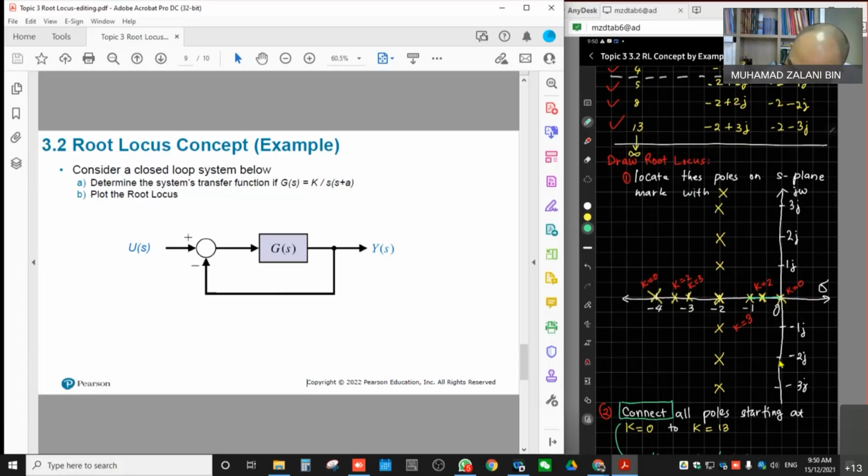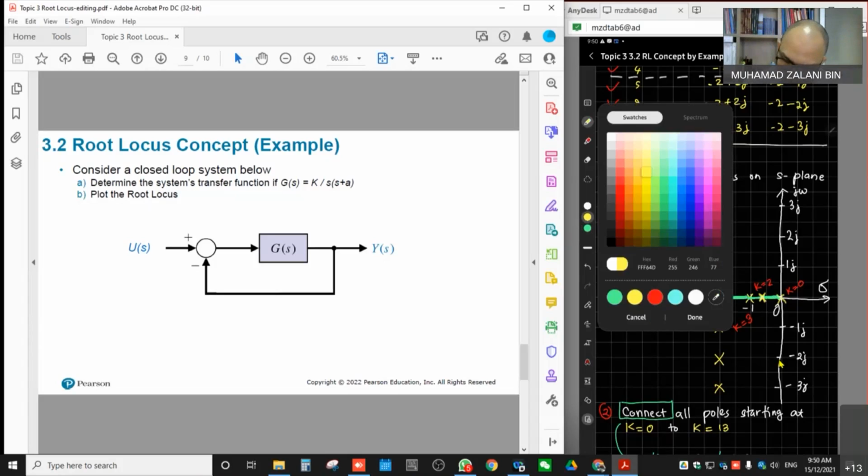Okay, drawing from there. Then it will start from there. It will go upward like that. So that is the first locus.